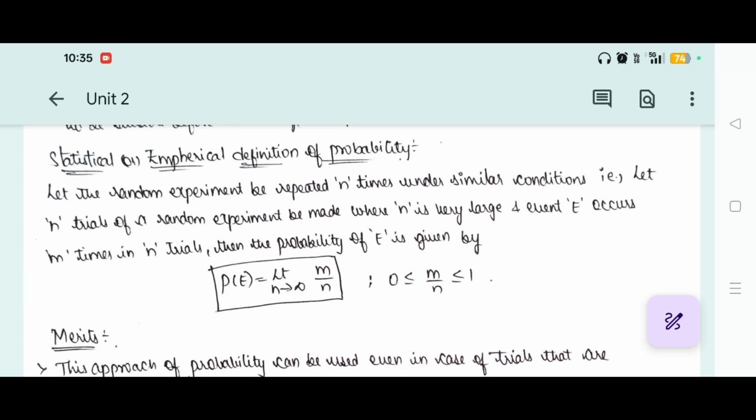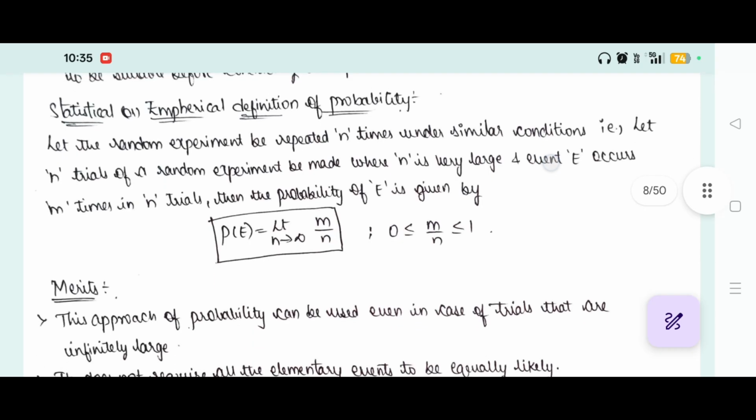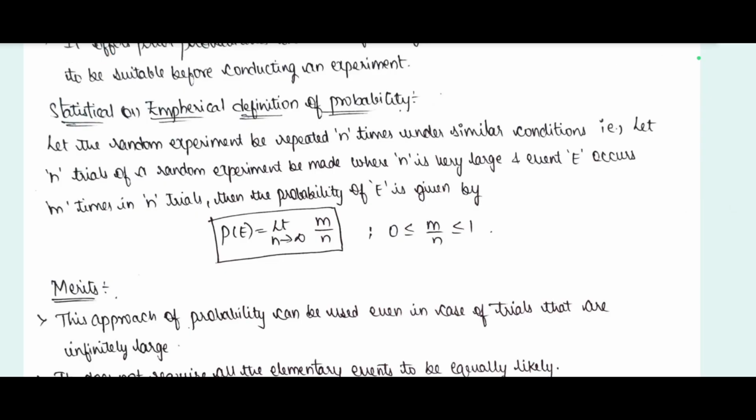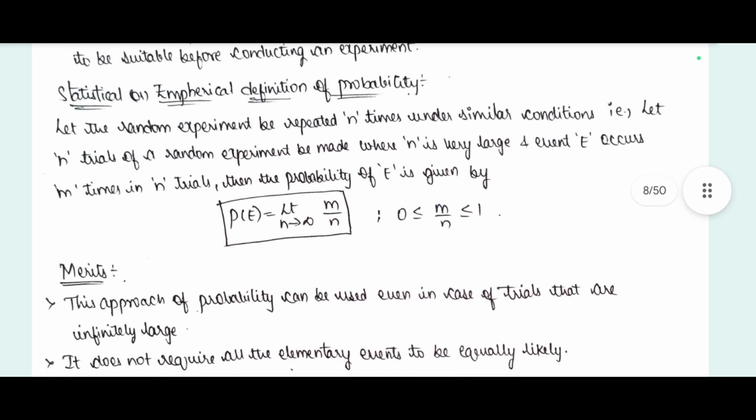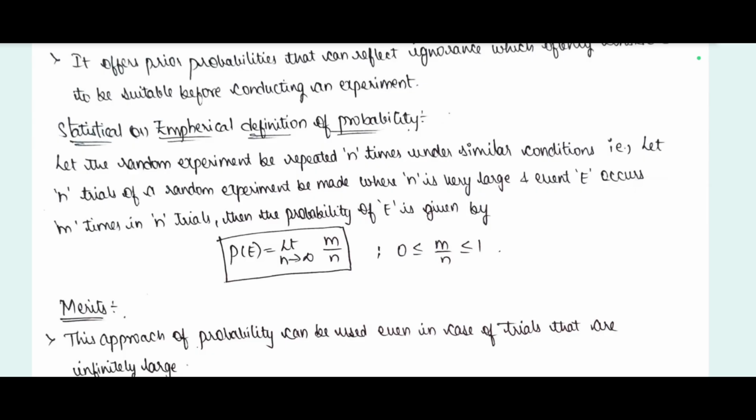Let the random experiment be repeated a number of times under similar conditions, that is, let n trials of a random experiment be made, where n is very large and event E occurs m times in the n trials.